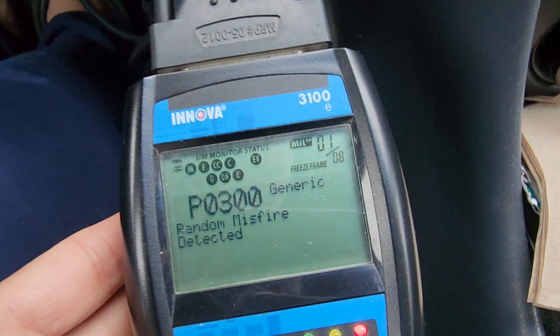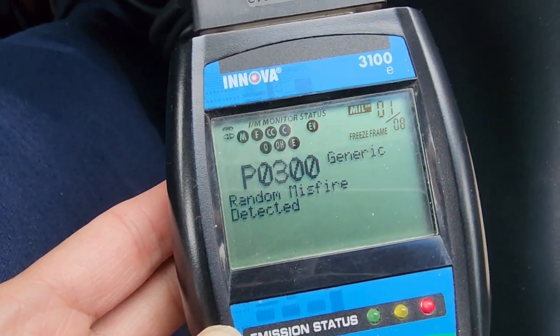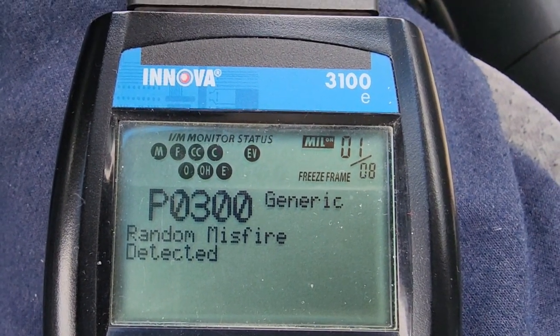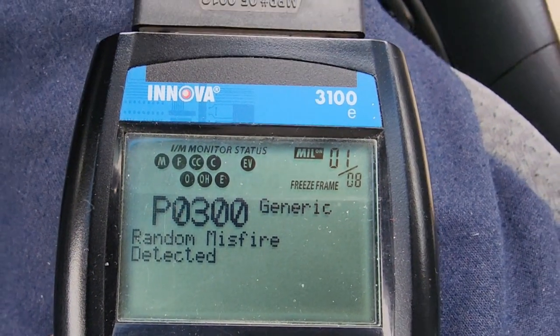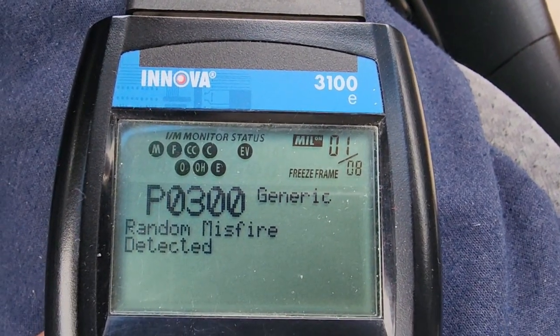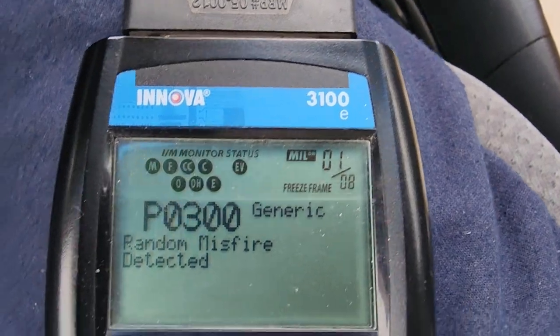Yeah, there is not one code, there are eight codes. The first one is P0300, this is random misfire. And let's see the rest.